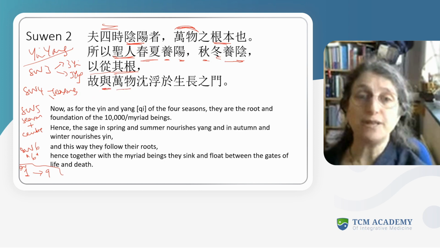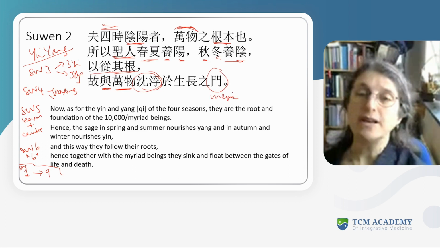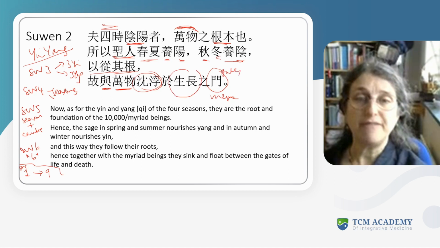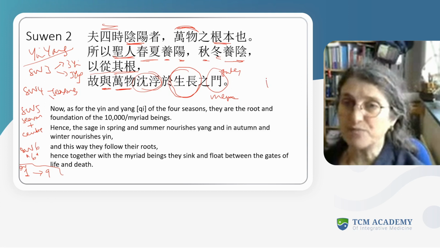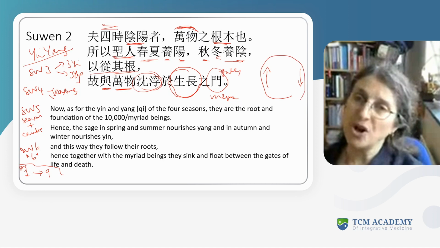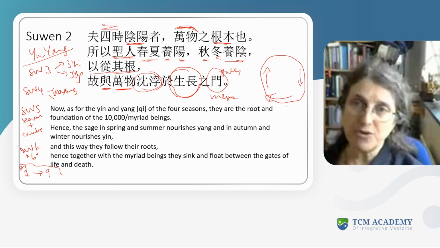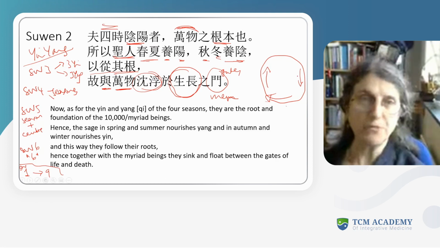Hence, together with the 10,000 beings, they sink and float. I love this thing. Between the gates, this is the men of Ming Men, in case you're wondering. This is a gate, looks like a gate, of living and dying, life and death. So this whole idea about springing up and descending in this constant cycle of the seasons between life and death, where you flourish and then you gather yourself and you store yourself and then you come back up again and so on. So pretty fundamental stuff.